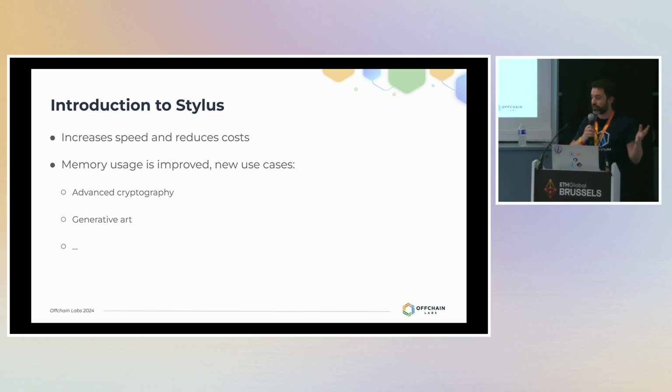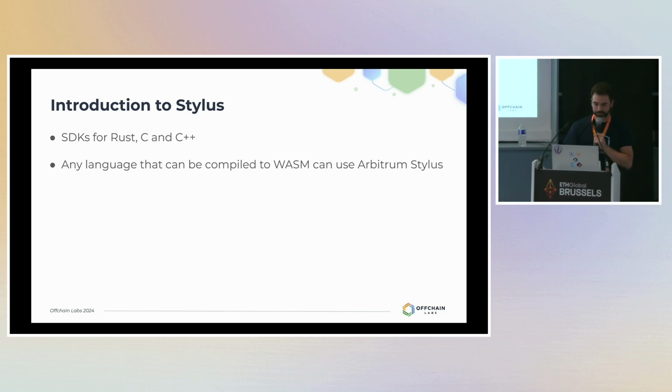I was talking with a colleague yesterday, and they were able to implement the Black-Scholes algorithm that is used in finance, for example, that is very complex to do in Solidity because you end up with transactions that spend a lot of gas. You can do that with Stylus now, and it reduces a lot the usage of gas, and those are a few examples of what you can do.